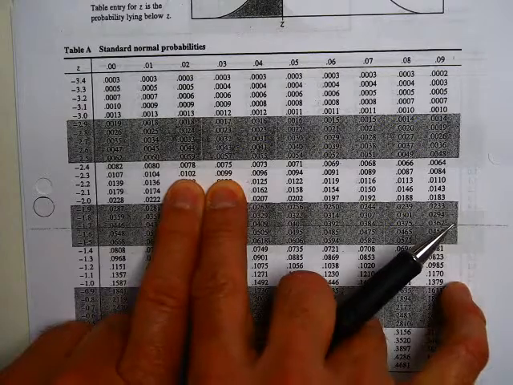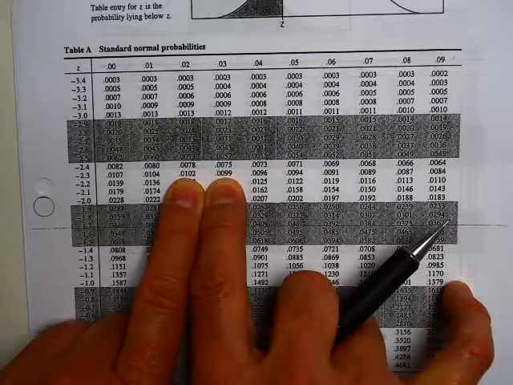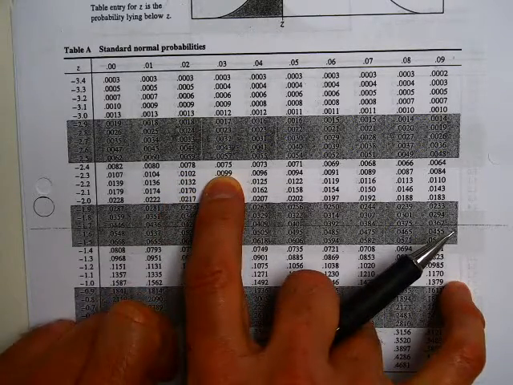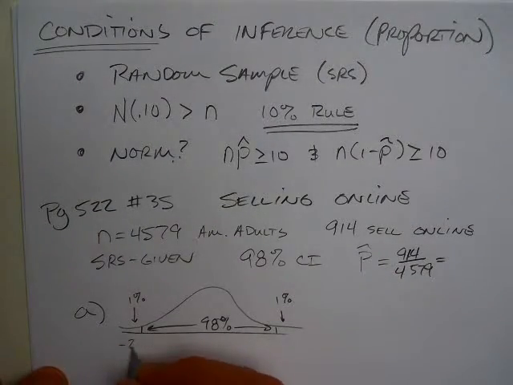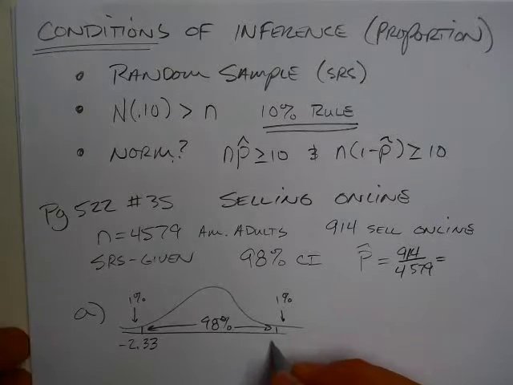Let's see, it's between these two guys here. So negative 2.32 or negative 2.33. This is closer. I'm going to go with negative 2.33. And what can you tell me about this one? Can you tell me what this one is without looking it up? 2.33, yeah. So you really only have to look up 1.